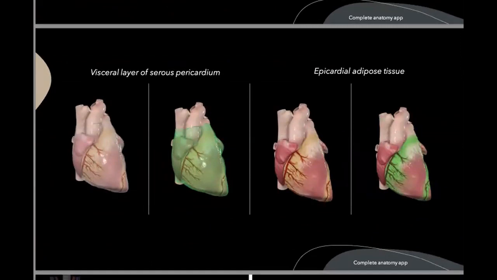That fluid might be around 50 milliliters, and it is secreted by cells of mesothelium, and it lubricates the membrane that lines the pericardial cavity.